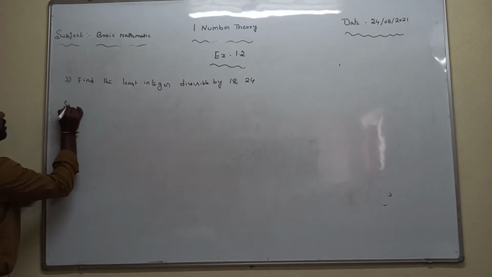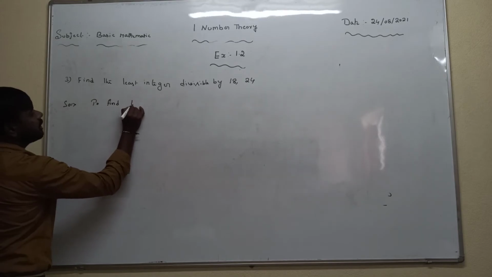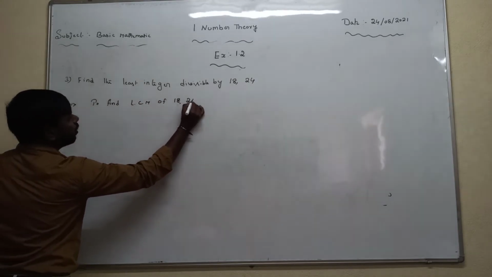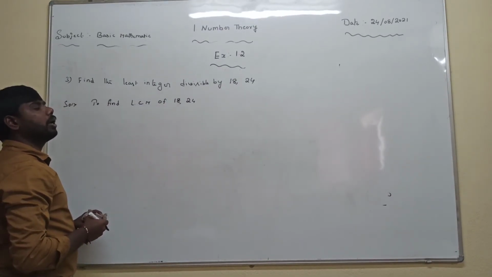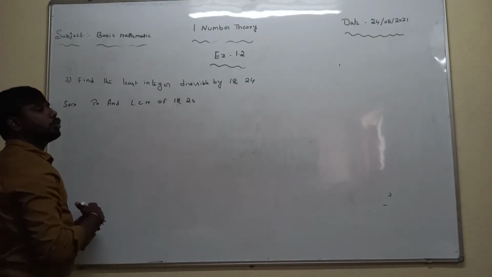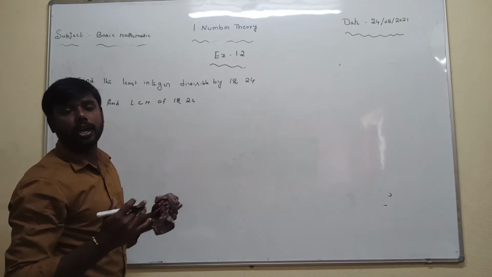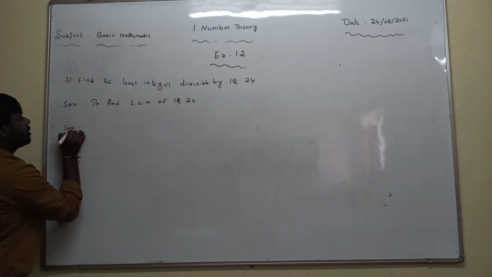Finding the least integer divisible by 18 and 24 is nothing but finding the LCM of 18 comma 24. Here we can apply the prime factorization method or else the division method. Here applying the division method is very easy.